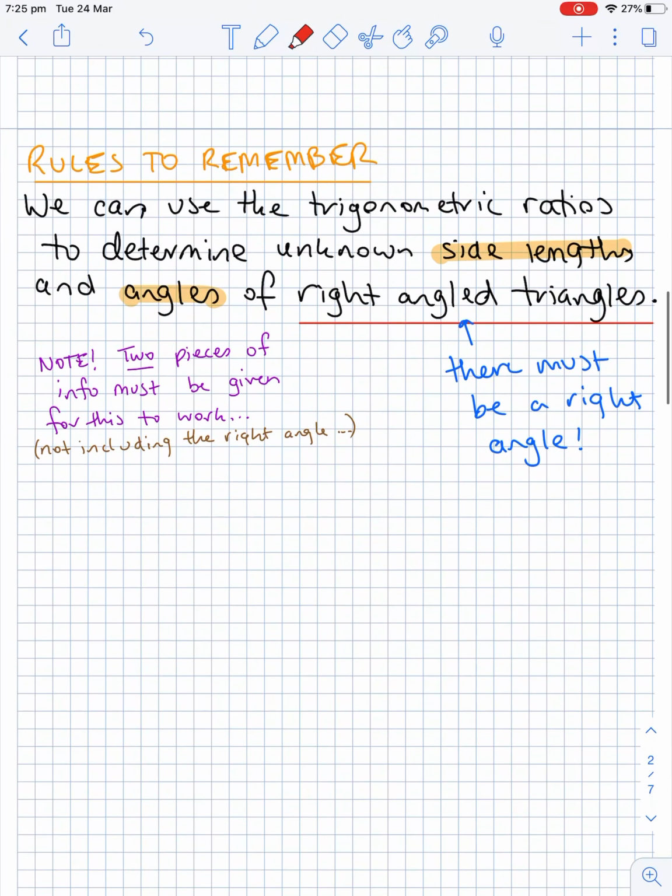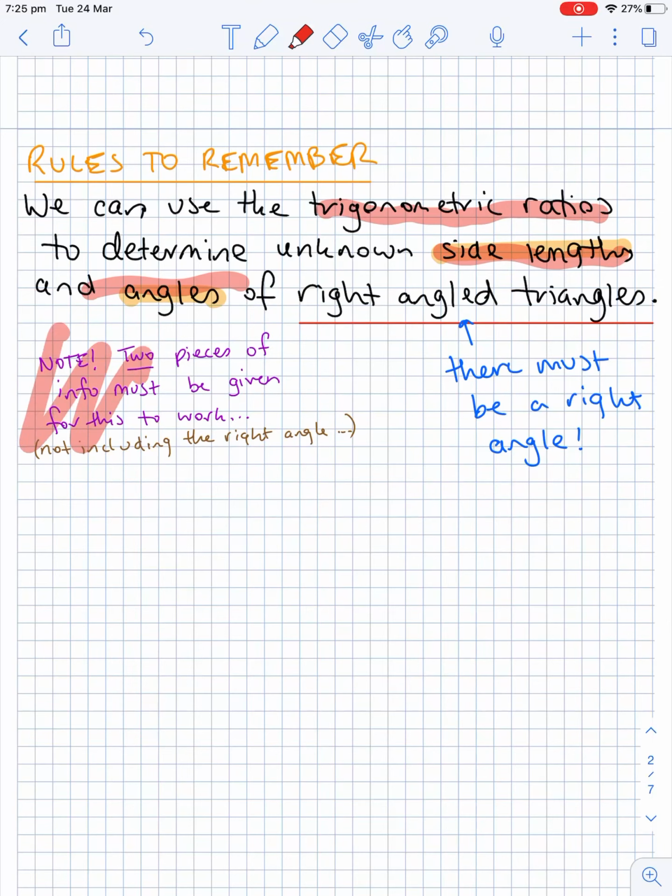Okay, so let's get a few rules to remember. We can use these trigonometric ratios, sine, cos, and tan, to determine unknown side lengths and angles of right-angled triangles. If I give you some information, you can use that to figure out some unknowns about these triangles.